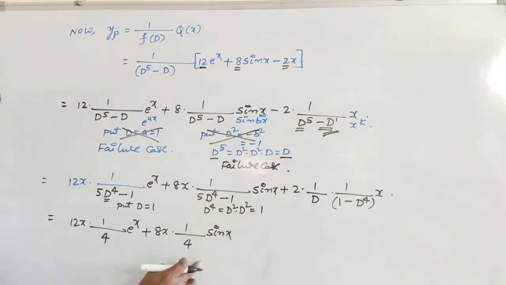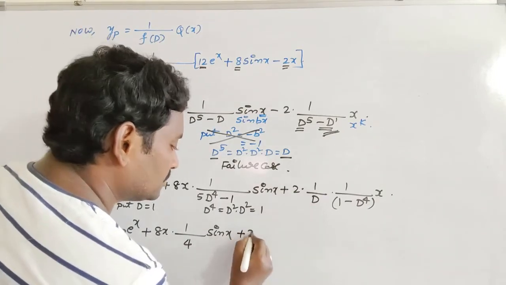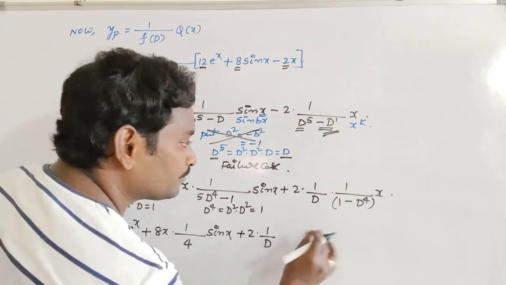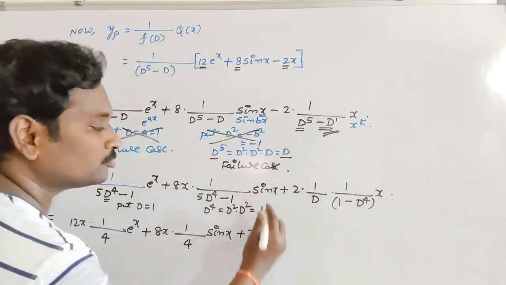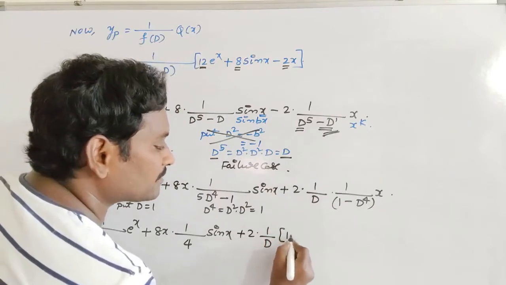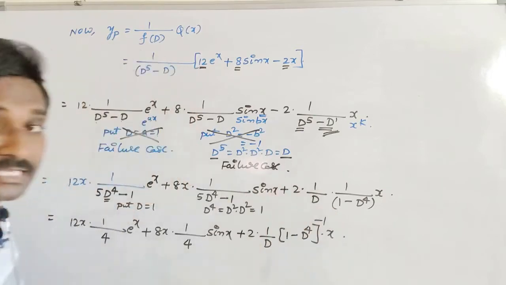Okay, in the first two parts, D is eliminated. So see this part. D into 1 by D, just shift the denominator to the numerator. Its power becomes negative: 1 minus D power 4, whole power minus 1, into x.